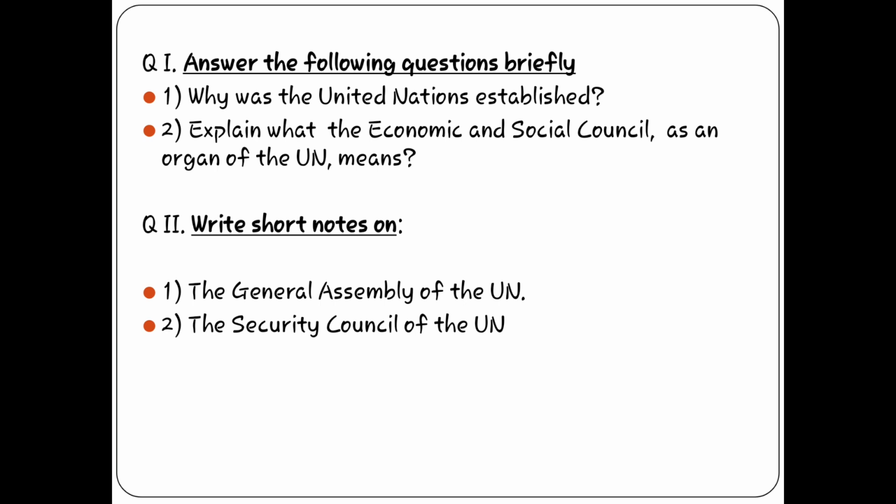Question number 2. Explain what the Economic and Social Council as an organ of the United Nations means. Answer, page number 21 of your textbook. First heading, Economic and Social Council. First paragraph completely.